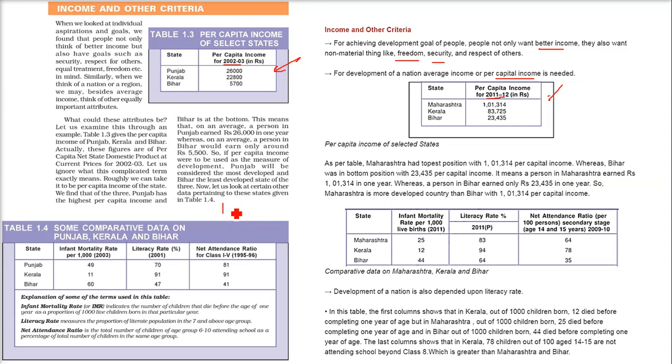That means, say in a year, 1,000 kids were born, and say 50 died. So this 50 is the infant mortality rate because 50 are dying for every 1,000 before attaining the age of 1 year.